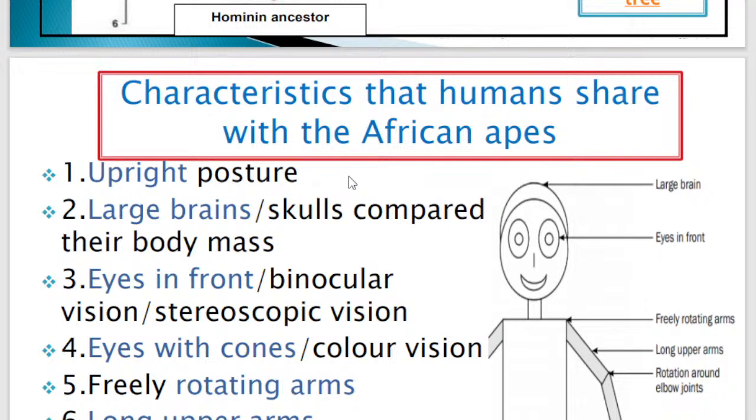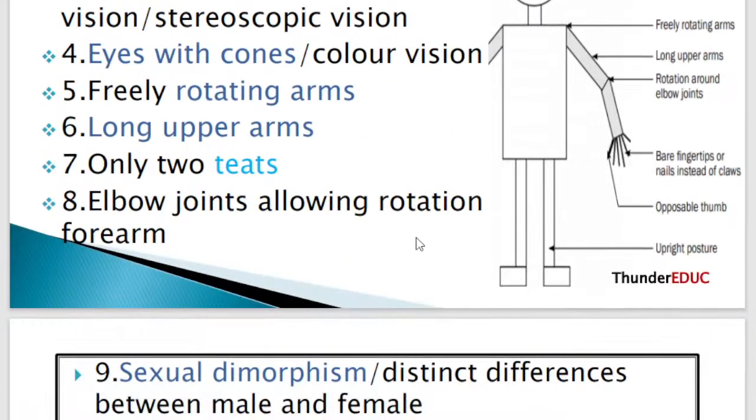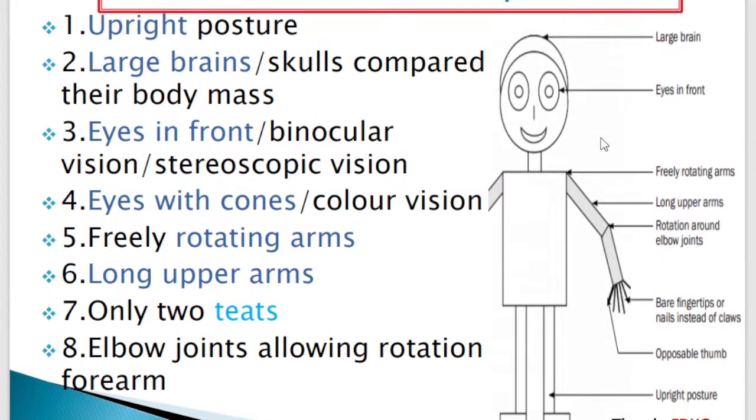We will emphasize maybe on the head, on the forelimb, on the hind limb. So it means that when you talk about the head, what are you supposed to talk about? When you talk about the hind limb, what are you supposed to talk about? I think I'm clear there.